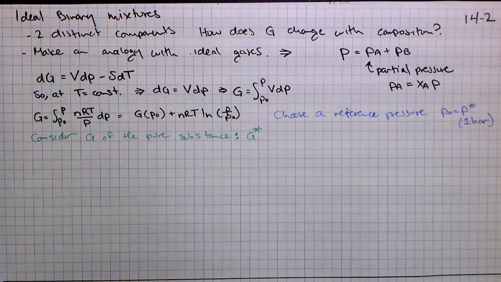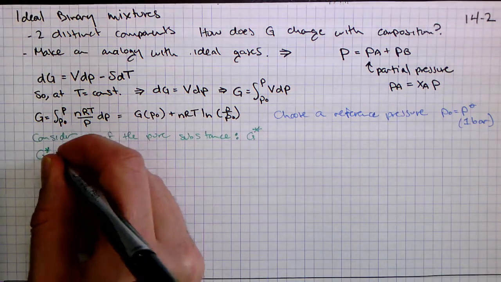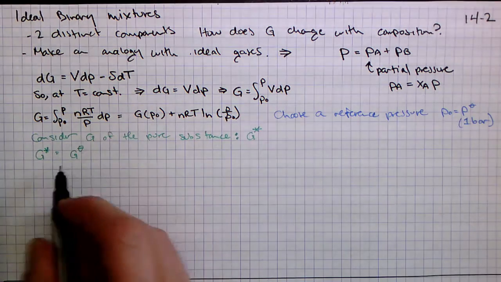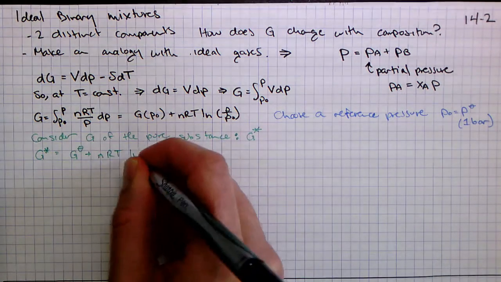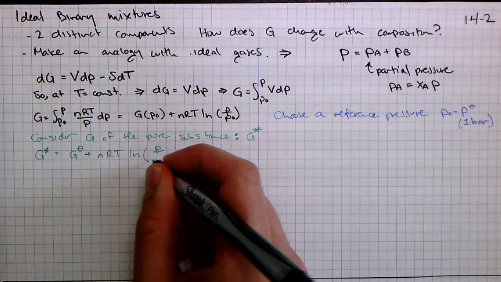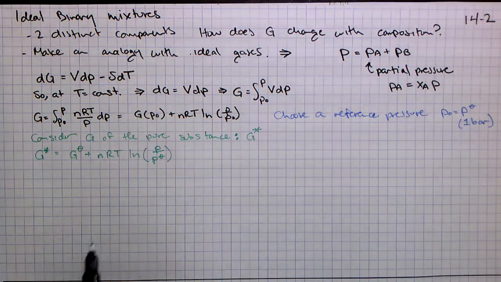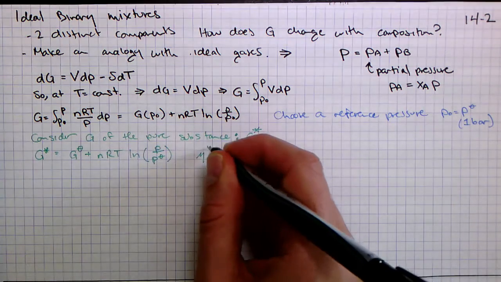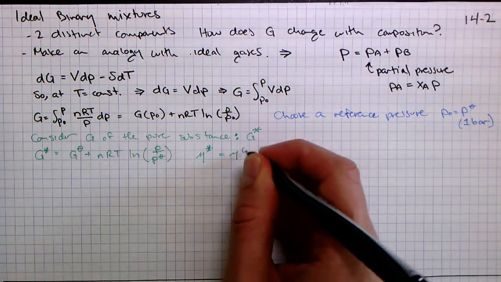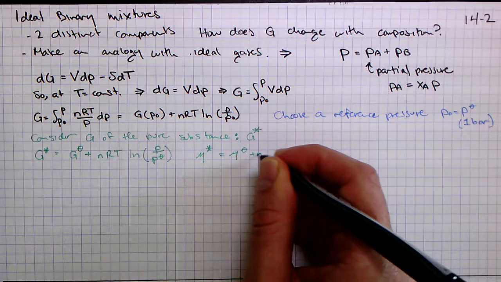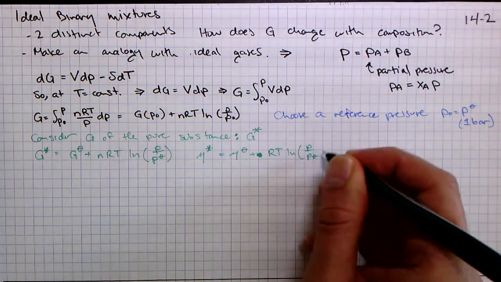In that case, G star is just going to be equal to the G at the reference pressure for that pure substance plus nRT times natural log of the pressure over the reference pressure. And similarly, we can write down a reference chemical potential, since that's just the free energy per mole, that would just be mu theta plus RT natural log of P over P theta.